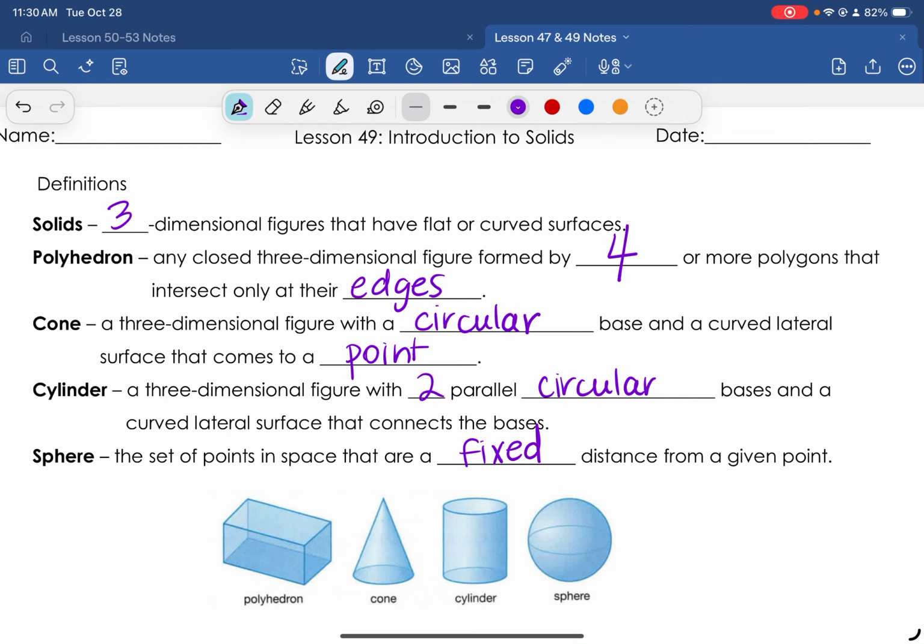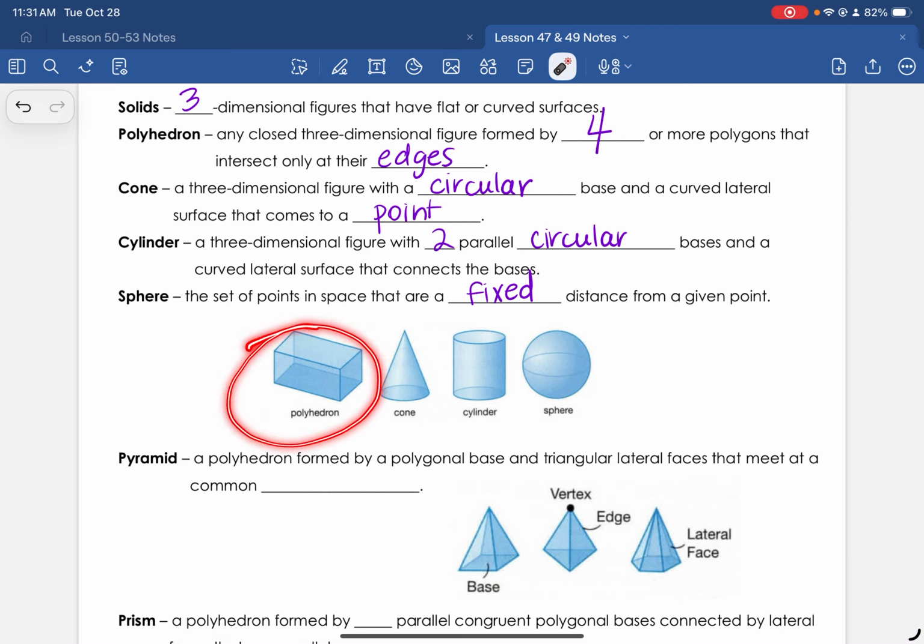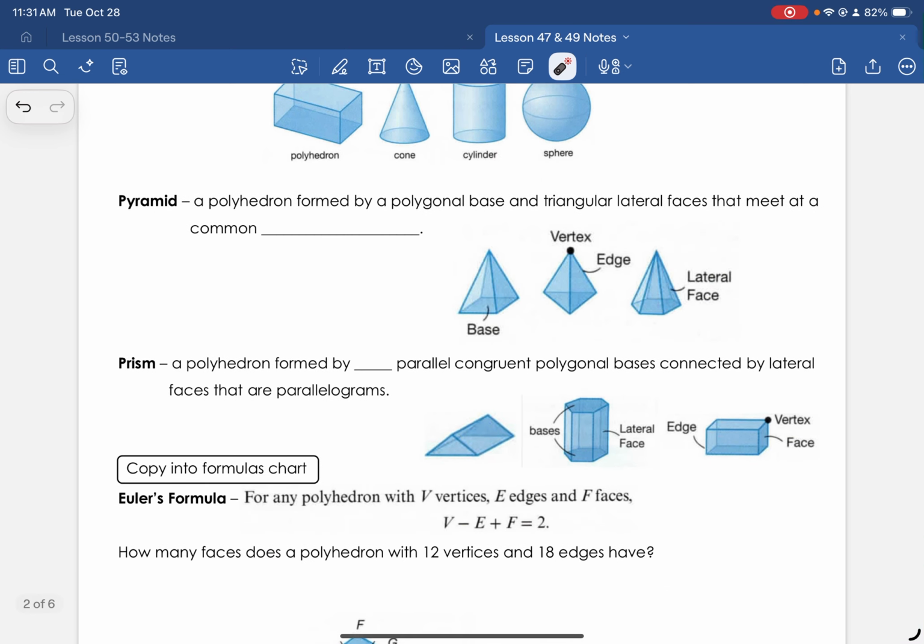So these down here are all solids. They're all 3D figures. A polyhedron is commonly known as a prism. And then, of course, you've got your cone, your cylinder, and your sphere. All right, more specifically, a pyramid is a polyhedron formed by a polygonal base and triangular lateral faces that meet at a common vertex.